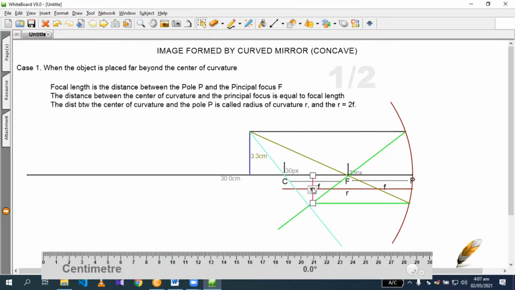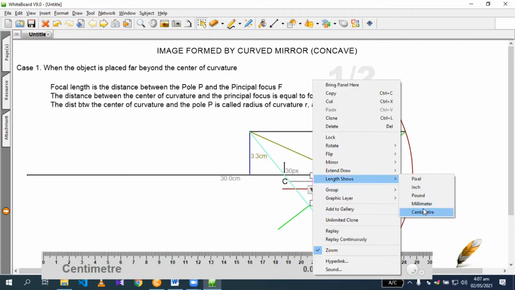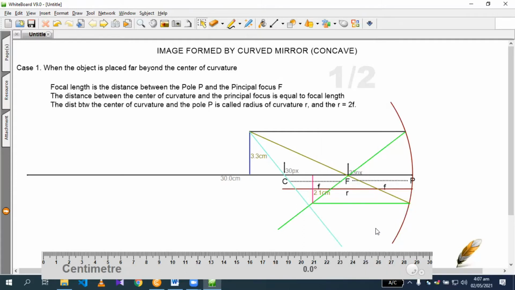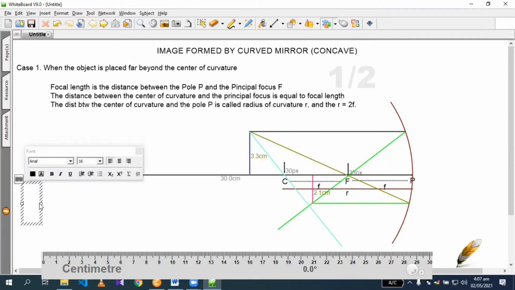And what about our image? Look at this. This is the object, 3.3 centimeters, and the image is 2.21 centimeters.